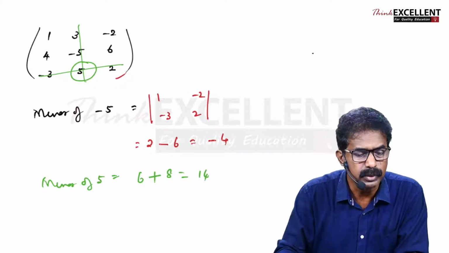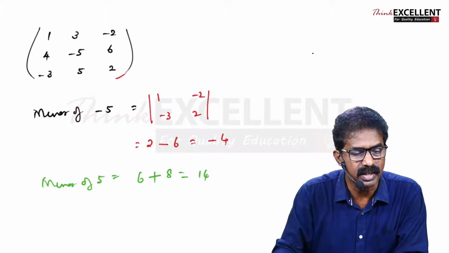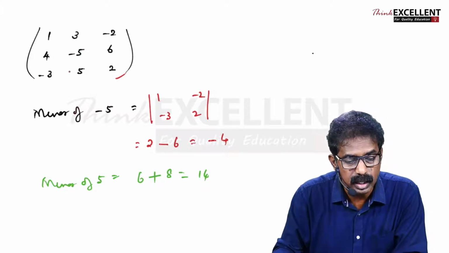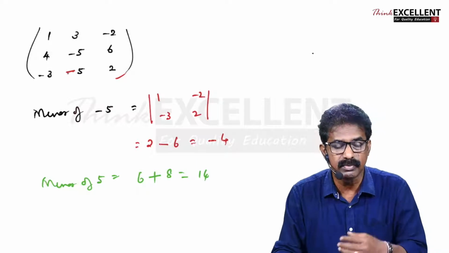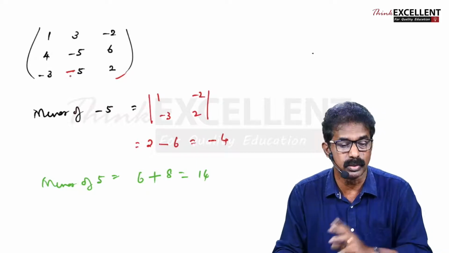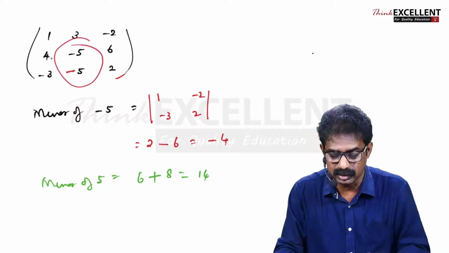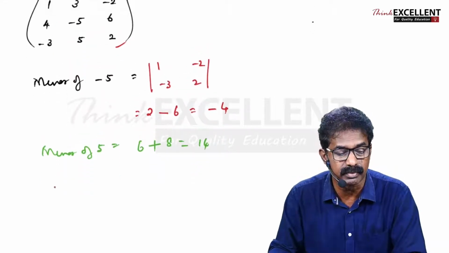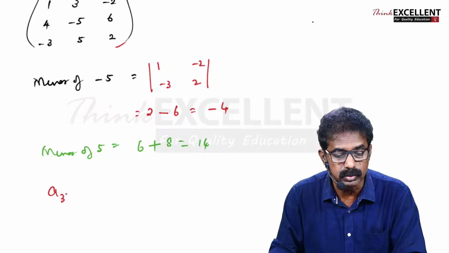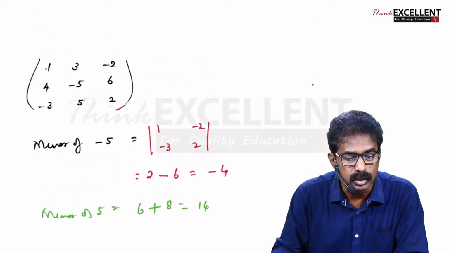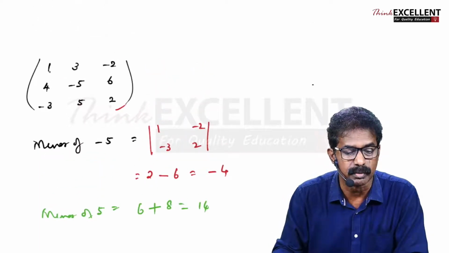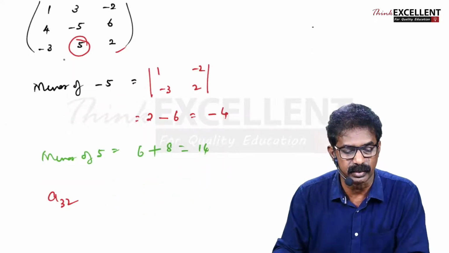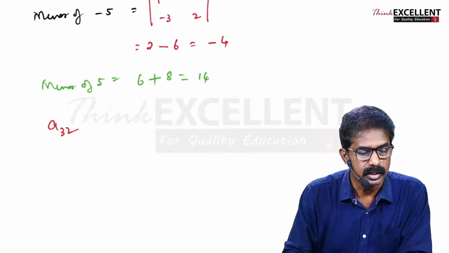Suppose instead, this is also minus 5, for example. Then if the question is find the minor of minus 5, you have a doubt which minus 5 we mean. That is the reason normally the question will be: find the minor of the element A32. A32 means third row, second column, so this one. So we have to find the minor of that 5. Okay, so that's all about minor.